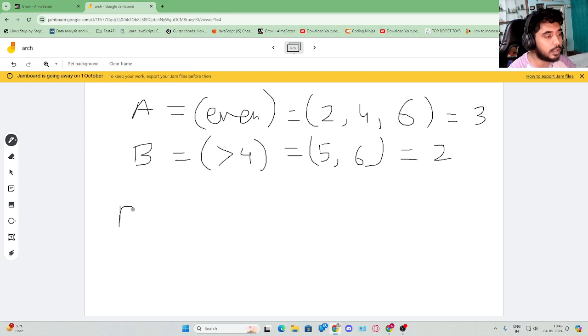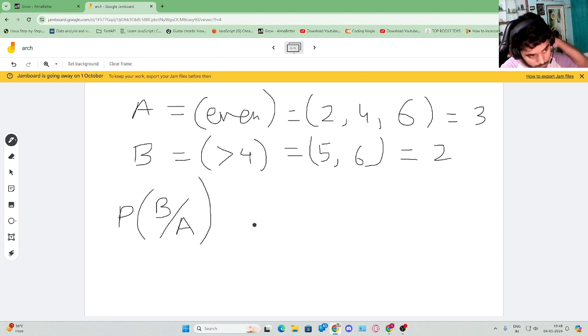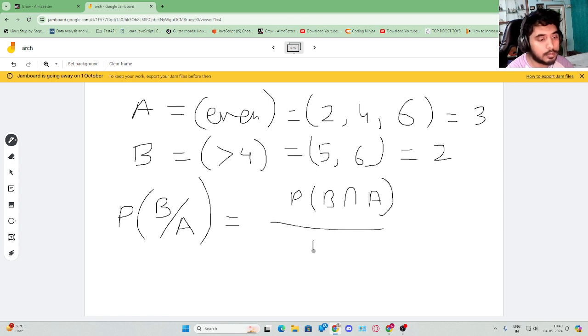So the probability of B given the occurrence of A, that is the probability of having a value greater than 4 given that we have an even outcome. So what will that be? That is equal to the probability of B intersection A divided by the probability of A. So what is the probability of B intersection A?